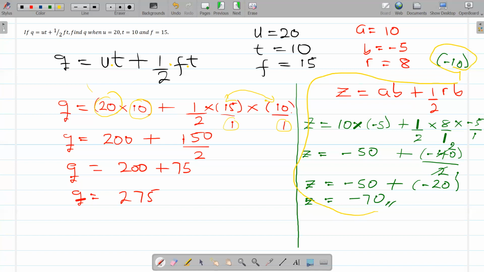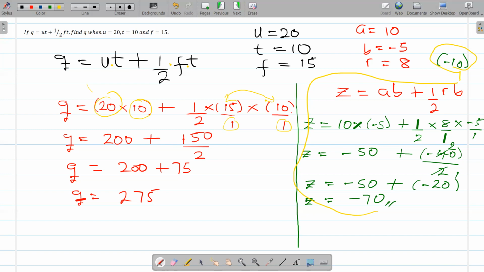So I got Z is equal to negative 50 plus negative 40. But you did not divide it by 2, right? Yes, I did. So I did negative 50 plus negative 20, which gave me negative.